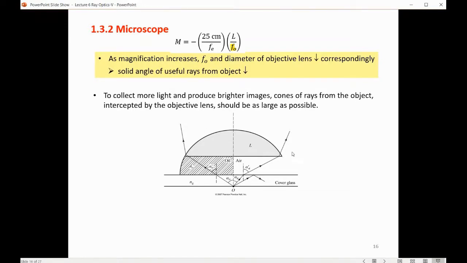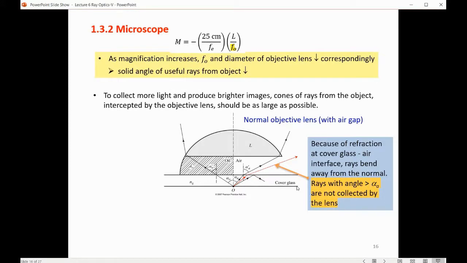If you look at the right side of this diagram here, there's an air gap between the objective lens and the cover glass where the specimen is placed at position O. The ray that comes from the specimen makes an angle of alpha A, and then it gets refracted and gets collected at the extreme end of the objective lens.